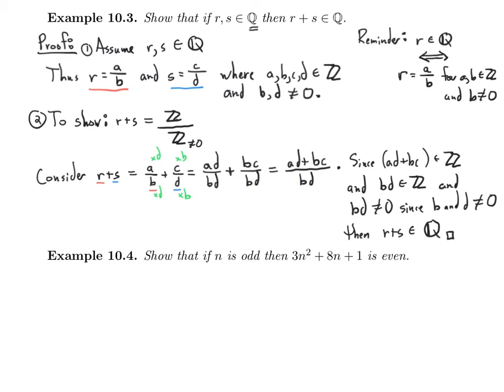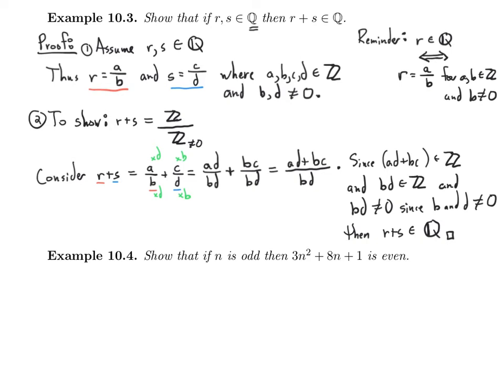Let me talk through this once more to make sure we get it. We assumed the if part was true. R plus s is a rational number. Here we are. R is a over b, s is c over d. We tell people what the a, b, c, and d stand for. These are integers, but b and d are also non-zero. That's very important. And you can see we use that later on.